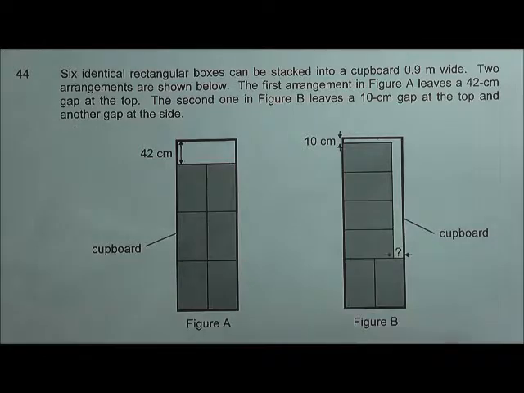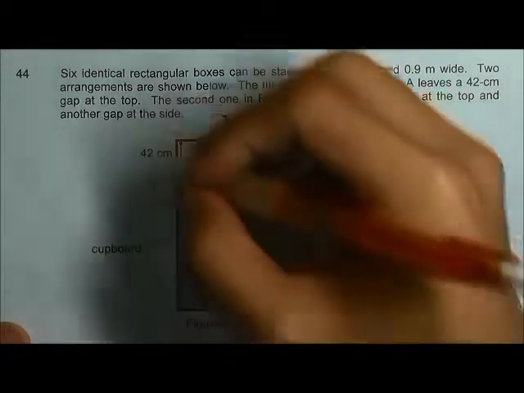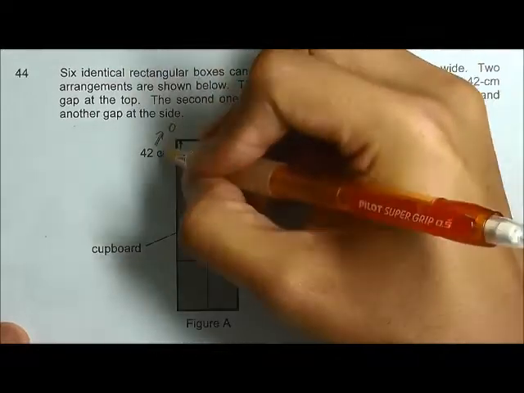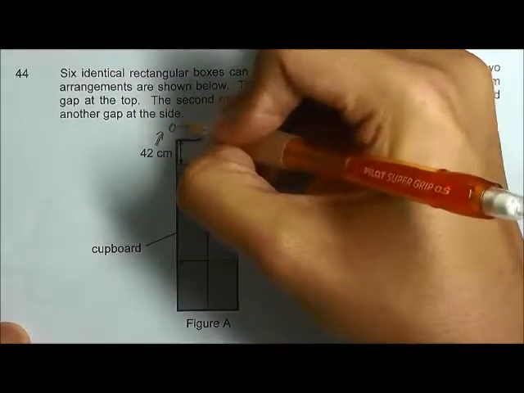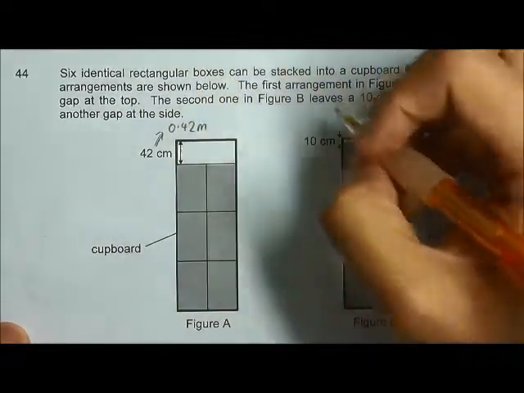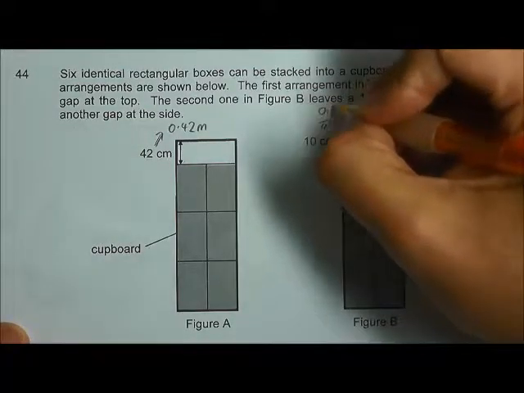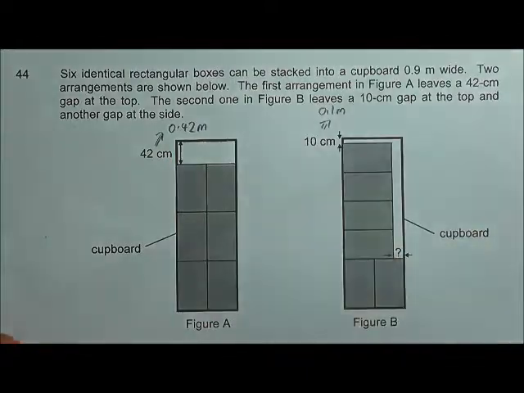Before we start to answer this question, let's change all the dimensions to the same unit, which is meter, so that our calculation will be easier. So this 42 cm will become 0.42 meter, and this 10 cm will become 0.1 meter.